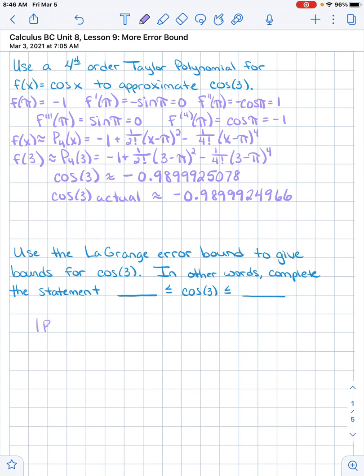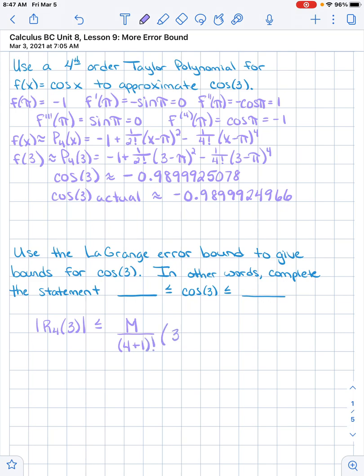All right, so the Lagrange error bound says, in order to find the remainder of this fourth order polynomial, when plugging in 3, we know it will be less than or equal to, and we'll find m in a moment, the next term. So the next term would be the 4 plus 1 factorial.